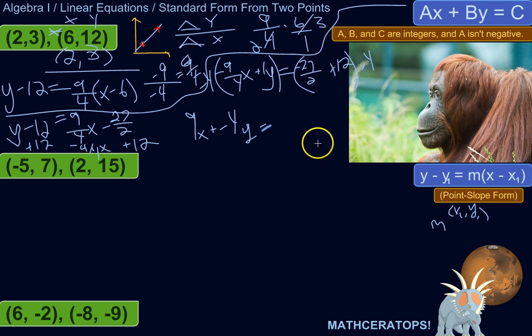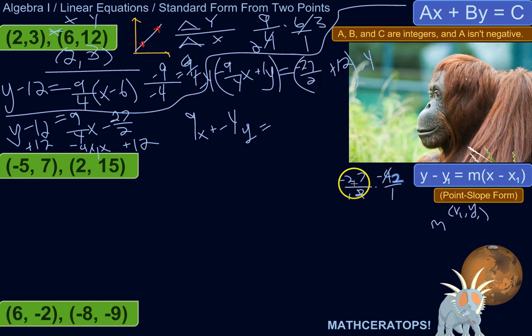Okay, negative 4 times negative 27 over 2. I'm going to do that down here. Negative 27 over 2 times negative 4 over 1. So you can take a factor out. 2 times 1 is 2. 2 times negative 2 is negative 4. So I'm pulling a 2 out of both these, canceling out a 2.